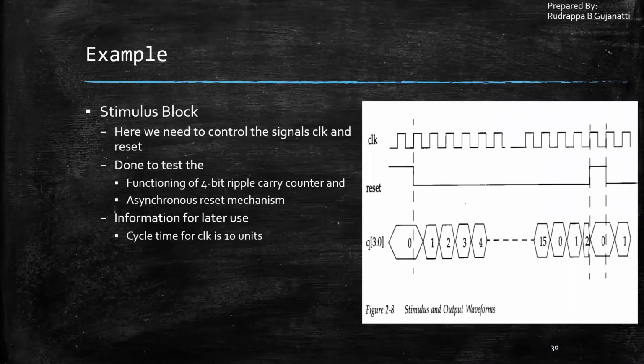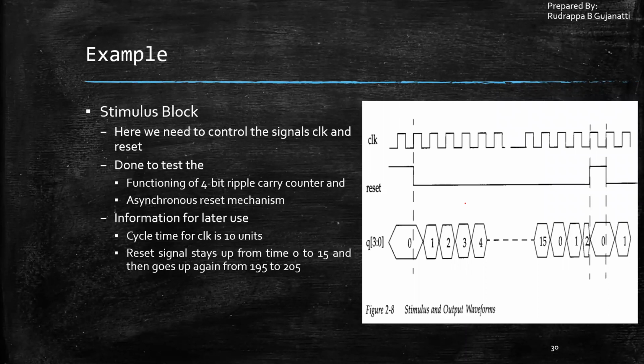The reset signal stays up from 0 to 15 and then goes up again from 195 to 205. Since it is 4-bit, Q has to count from 0 to 15. We will check later what is happening over here.